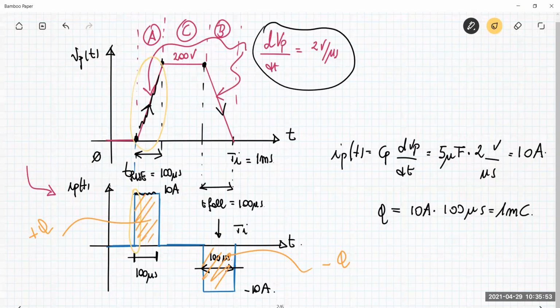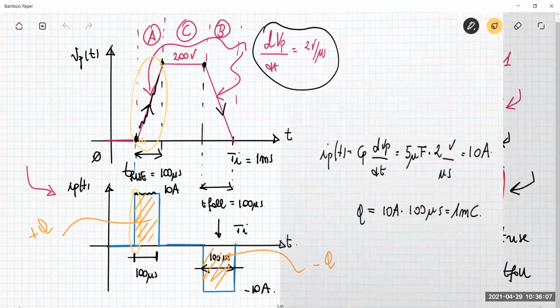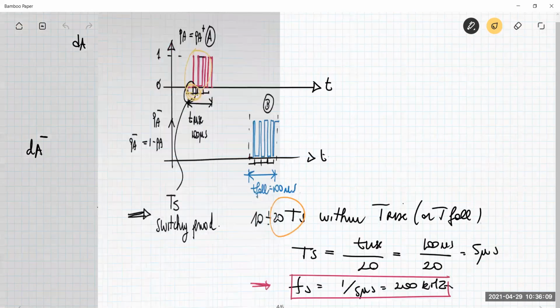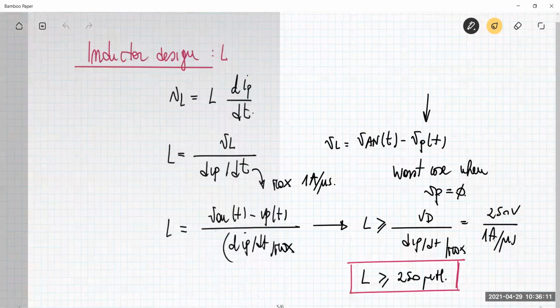We are looking at this region, and we are, say, in the first 3 T-switch intervals. Remember that we have 20 of these TS intervals in T rise. Okay, so we are looking at a specific very beginning section of the T rise interval.